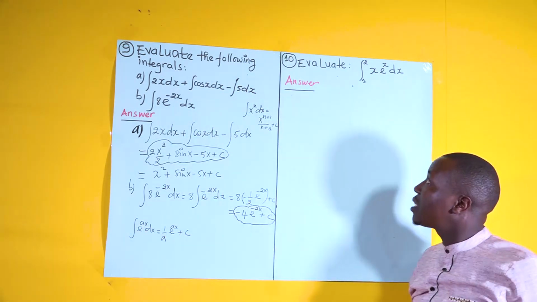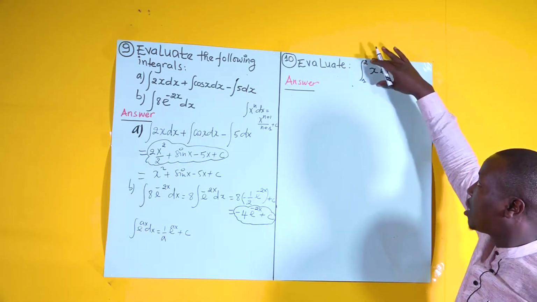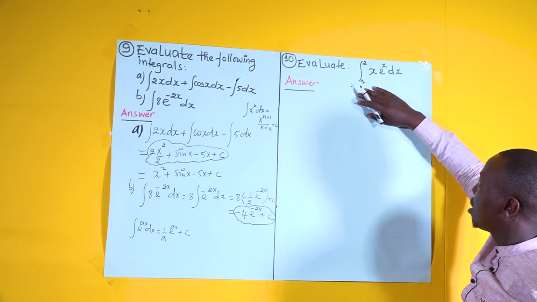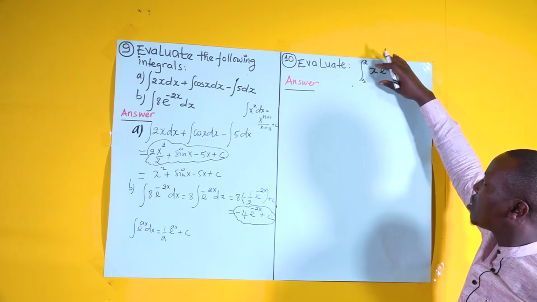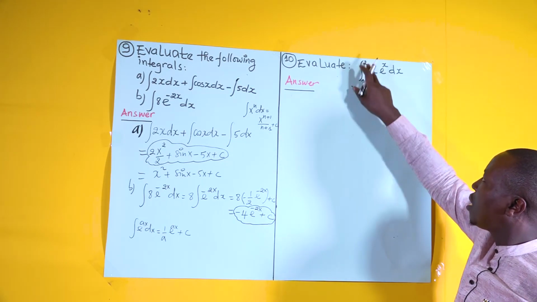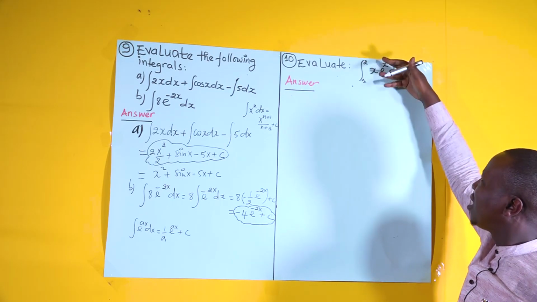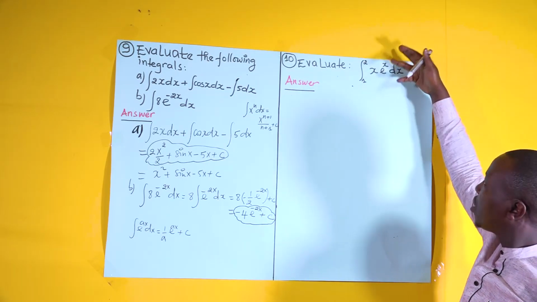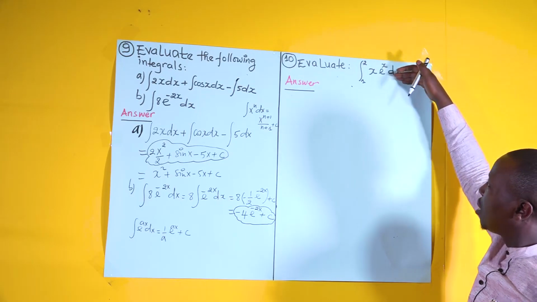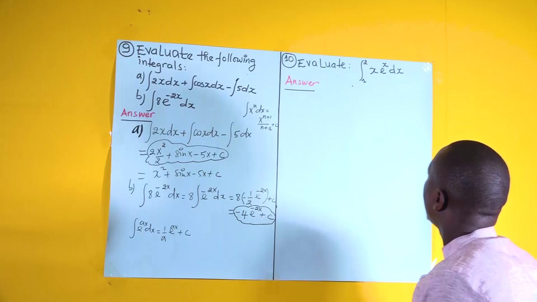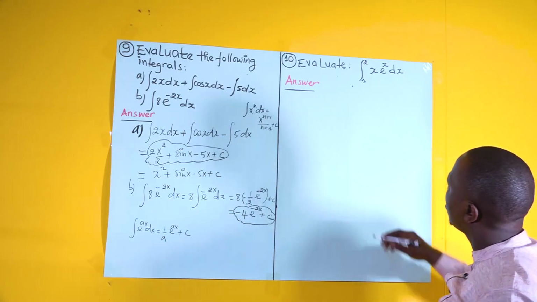Next question is question number 10. We are asked also to evaluate the integration, but this is definite because definite integrations have boundaries, from 1 up to 2, of these functions. This is a product of a polynomial and an exponential function, so we have to use integration by parts.